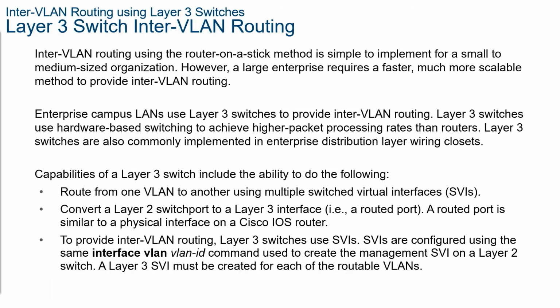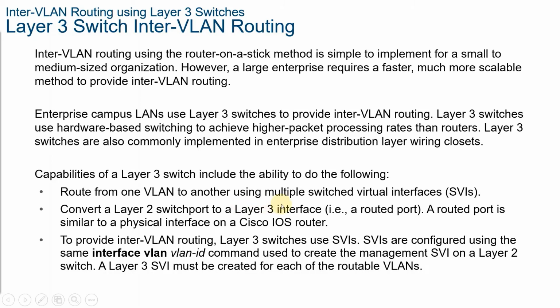Inter-VLAN routing using the router on a stick method is simple to implement for small to medium-sized organizations. However, a large enterprise requires a faster, more scalable method to provide inter-VLAN routing.